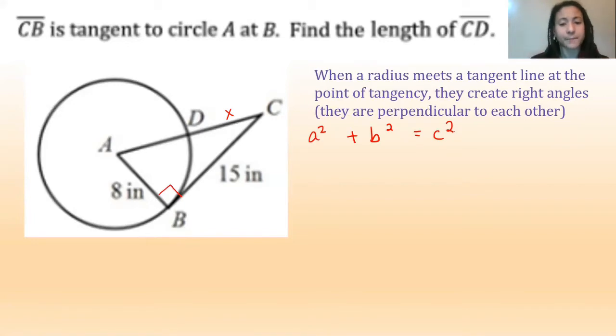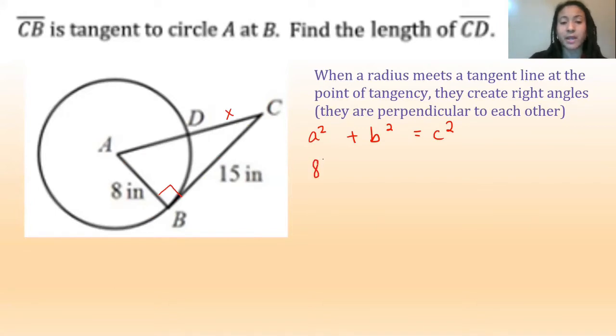So in this case, c represents the hypotenuse. Which part of this right triangle is the hypotenuse? AC. So we know that AC is the hypotenuse, therefore the other two sides are considered legs. It doesn't matter which order we write those two in, as long as we have the legs on the same side.